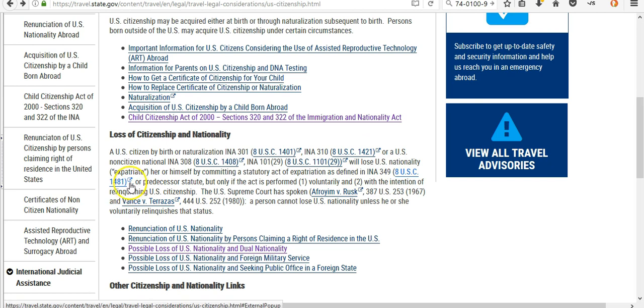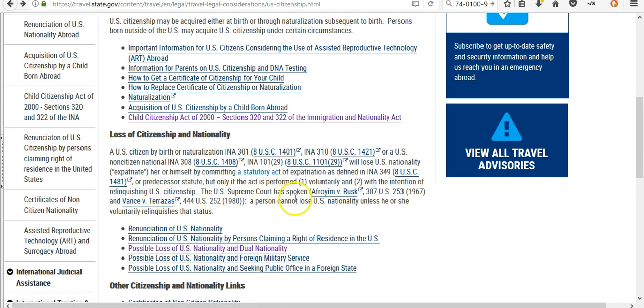Basically a person can expatriate him or herself by committing the statutory act of expatriation as defined in INA 349. But only if the act is performed voluntarily, with the intention of relinquishing U.S. citizenship.